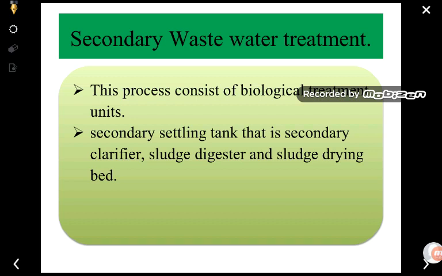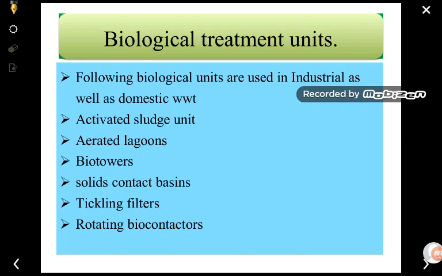So quickly we are revising all the topics, that is, secondary wastewater treatment. We know what it is. It consists of biological treatment units. Next we have seen the different components of the biological units used in industrial and domestic wastewater treatment plants. What are the different types of biological units?